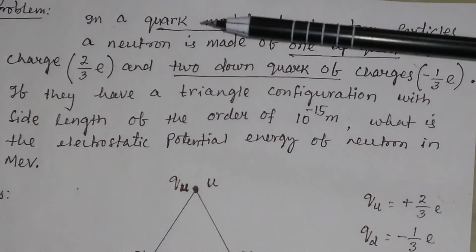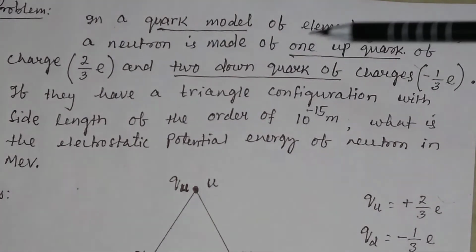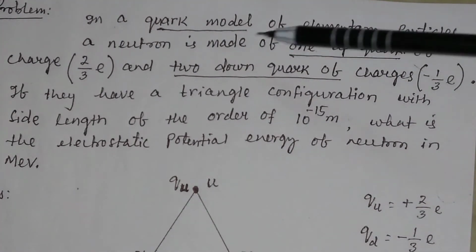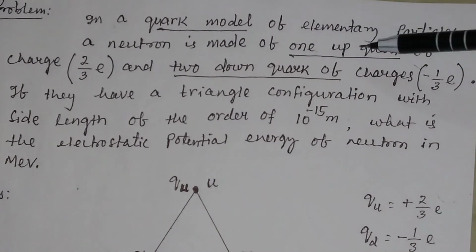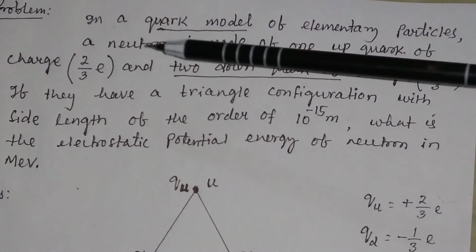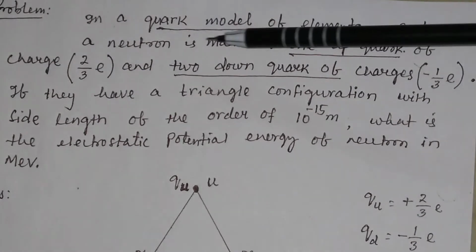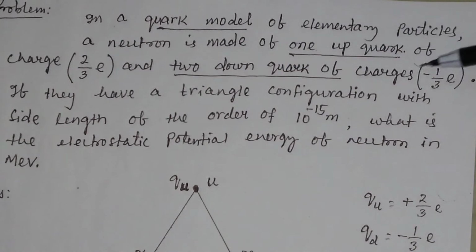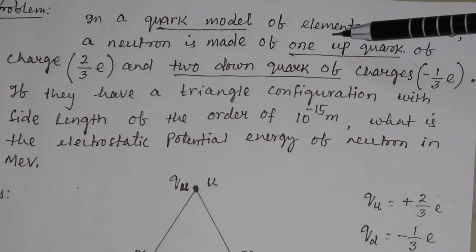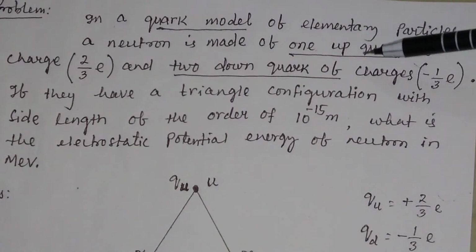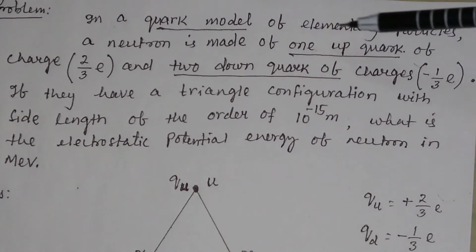Let us work out another problem. In a quark model of elementary particles, a neutron is made up of one up quark of charge 2 by 3e and two down quarks of charge minus 1 by 3e. In elementary particles, we know a neutron consists of 3 quarks, 2 down quarks and 1 up quark.